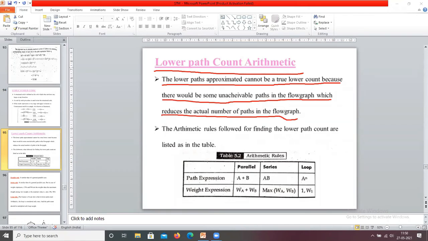So what we are doing in the node reduction algorithm is reducing the nodes.